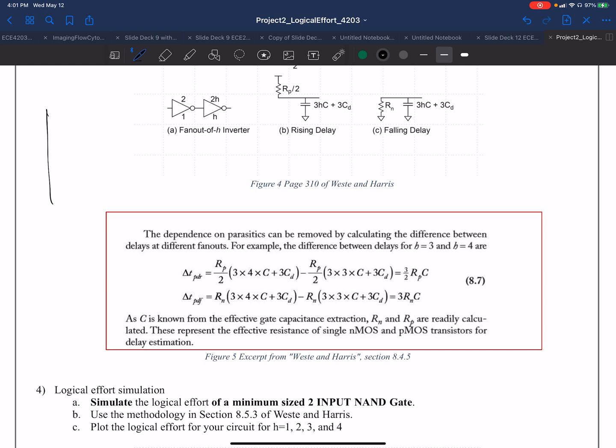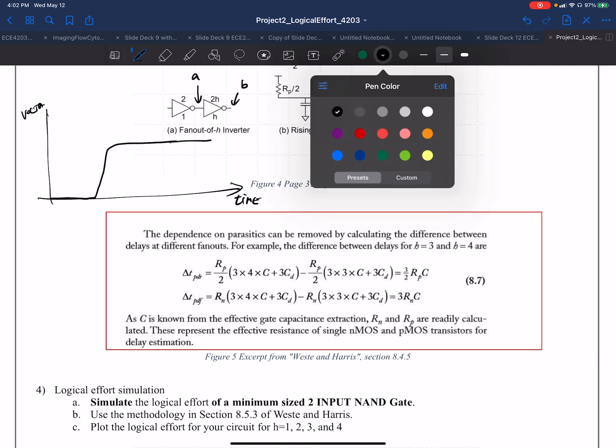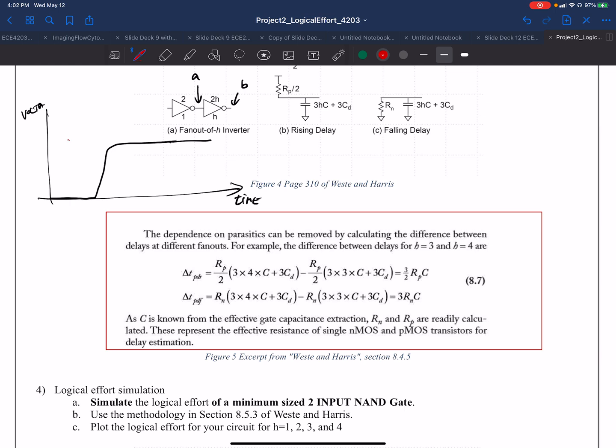Let's say here's this point A and this is point B. This is time, this is voltage. So A is doing that. The first simulation you do is for H equal to 3.